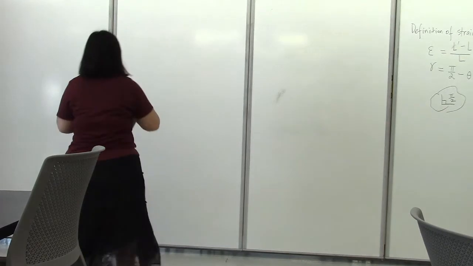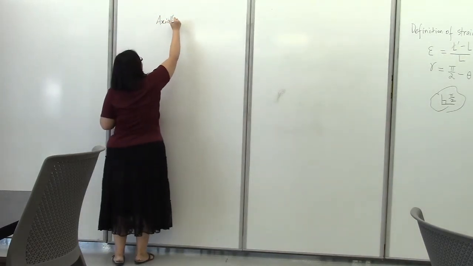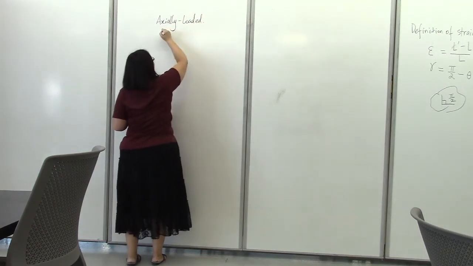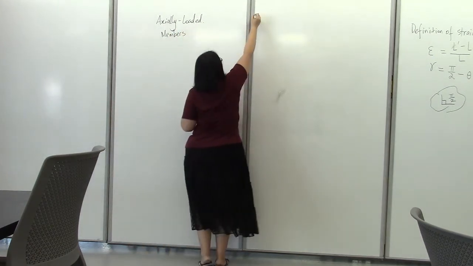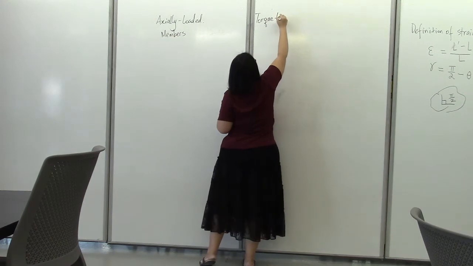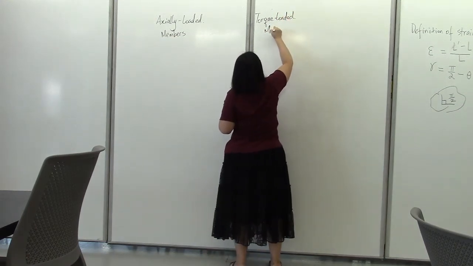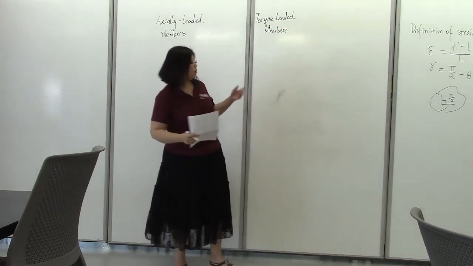So we have axially loaded members. We have torque loaded members. Again, these problems are referred to as torsion problems.